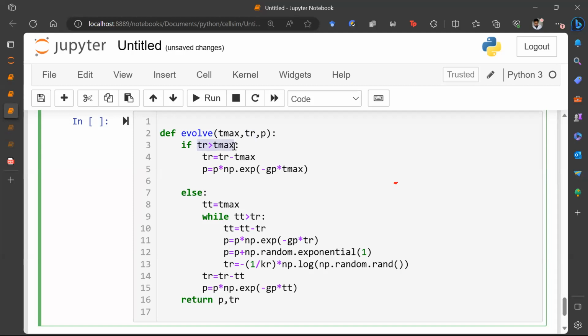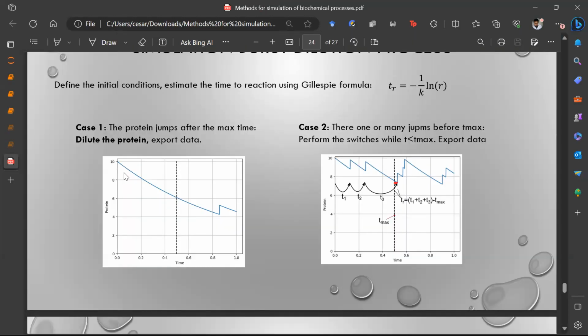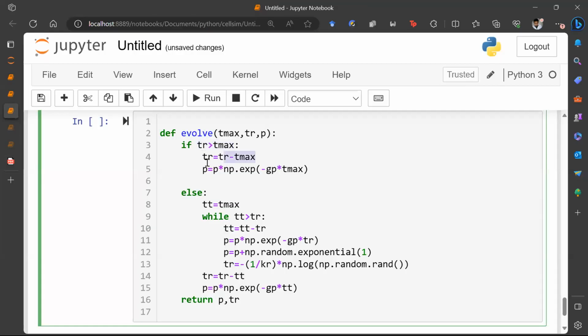So if my time to reaction is higher than Tmax, that corresponds to the first case. Time to reaction is this guy. If this guy is bigger than Tmax, I have to evolve the system, and my time to reaction is decreased by Tmax.